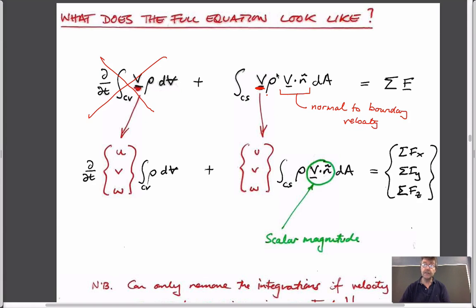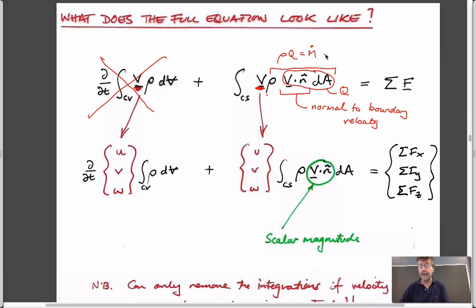And of course, if you remember, the slightly nicer way that we've thought about writing this is that this term here, density times normal to the boundary velocity times the area. So this term here, if I'm not going to mess this up too much, is what we would refer to as volumetric flow rate, Q. And the density times the volumetric flow rate is just equal to what we've called before mass flow rate.